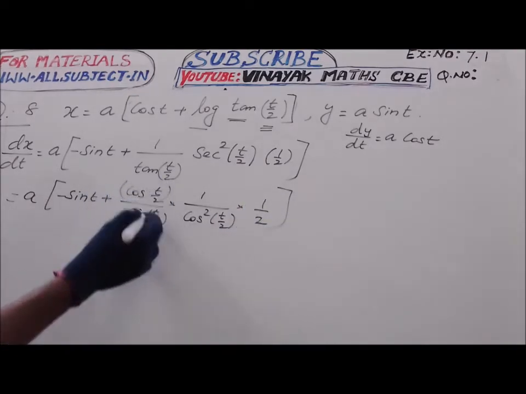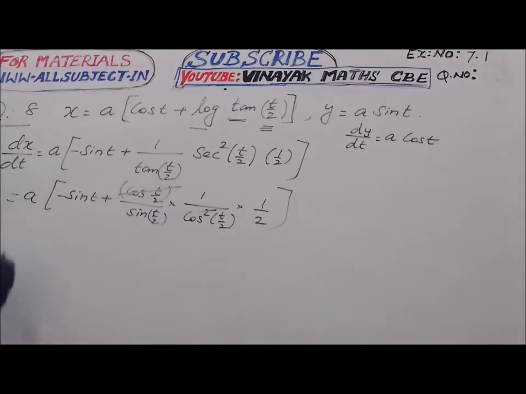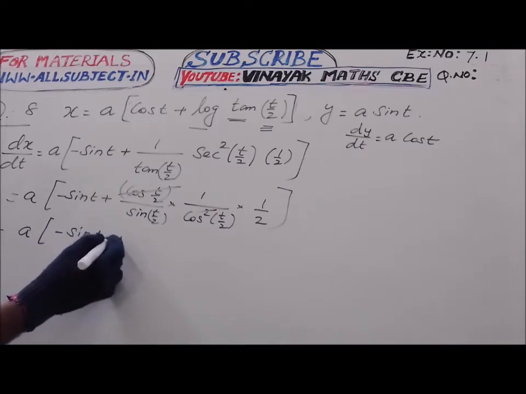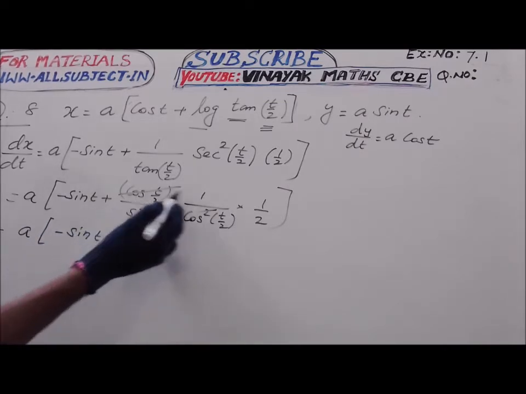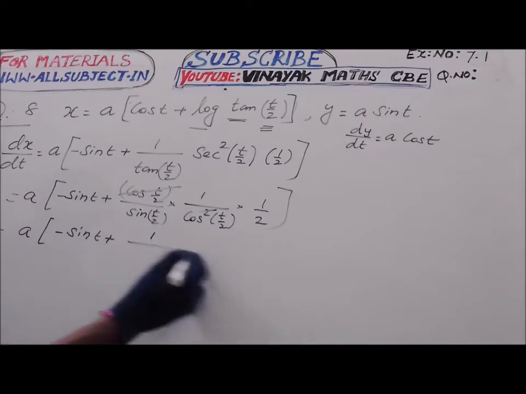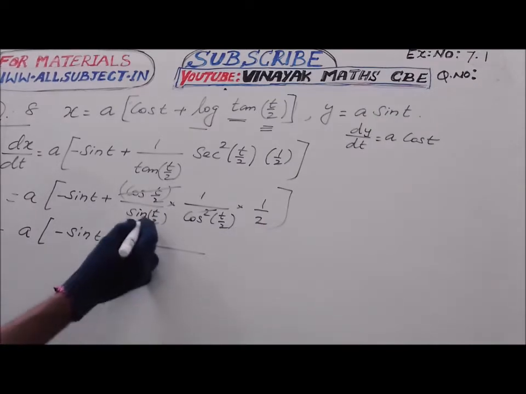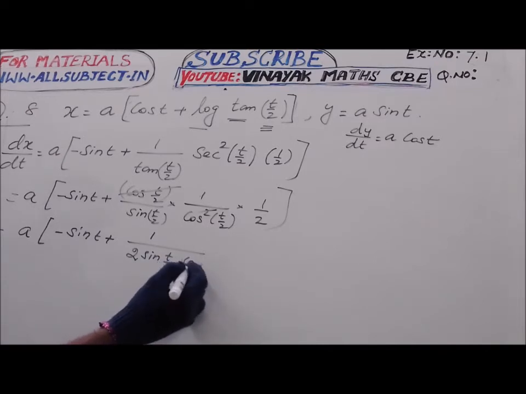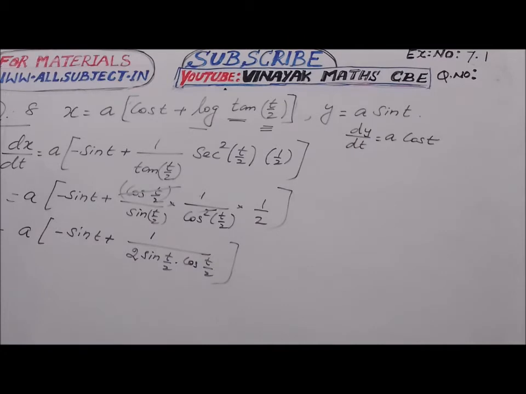This cos t by 2 and cos square t by 2, one power gets cancelled. So remaining is a into minus sin t plus 1 by 2 into sin t by 2 into cos t by 2.